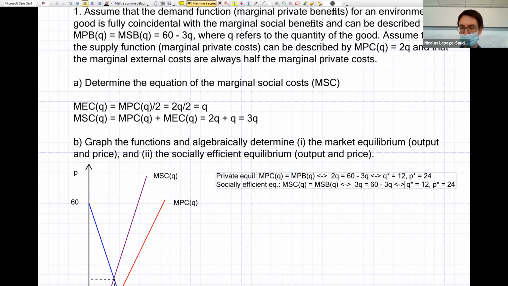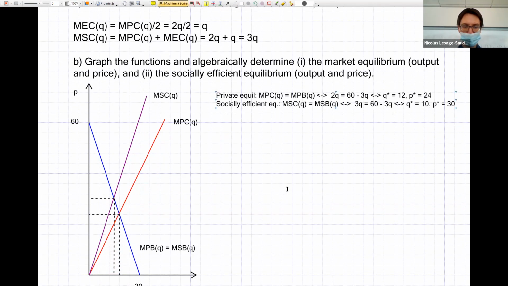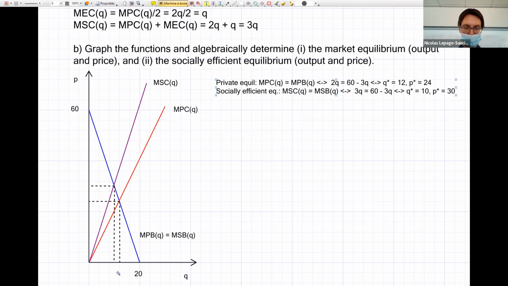So that's Q equals 10, and the price equals 10 times 3, that's 30. So we can draw stuff. So that should be 12, that should be 10, that should be 24.